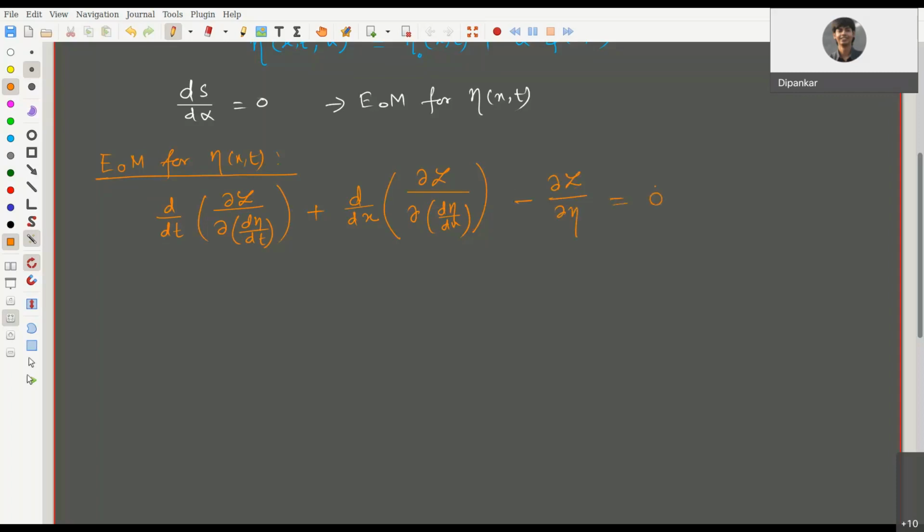So this is my equation of motion in terms of eta of x, t.